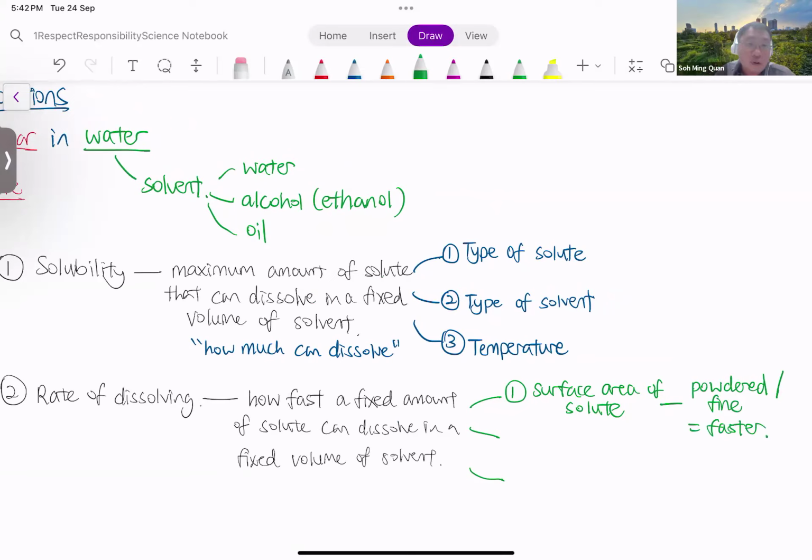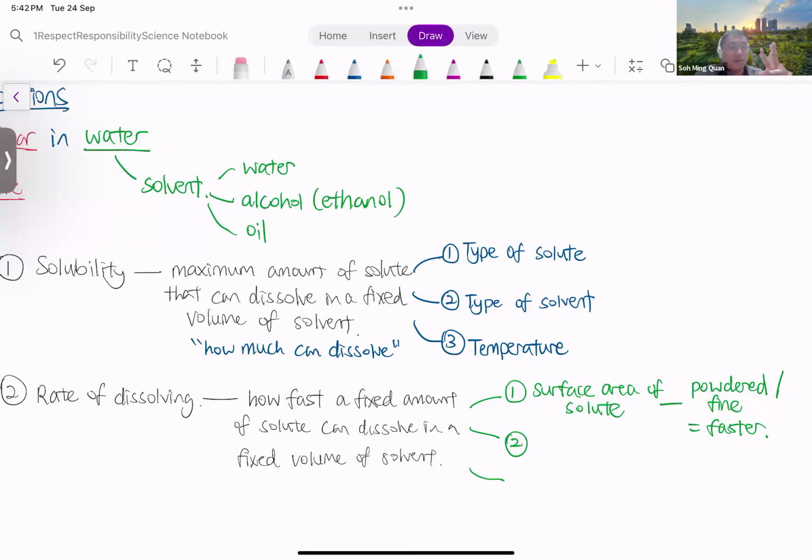So for instance, if you use powdered sugar or fine crystals of sugar, it dissolves faster because the surface area that's exposed is larger. So that's the first factor affecting the rate of dissolving, surface area of solute.